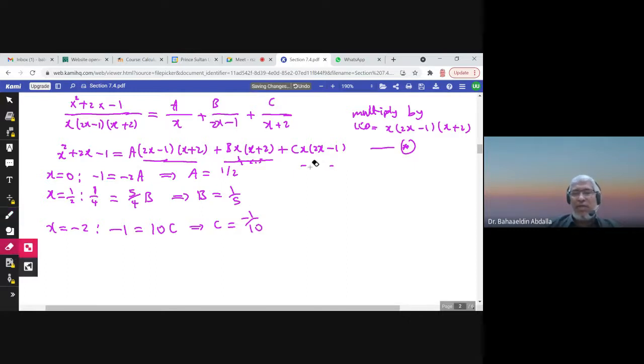And by this, I found a, b, and c, and I can immediately solve now the integral.